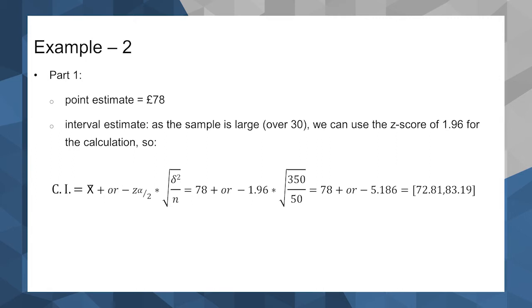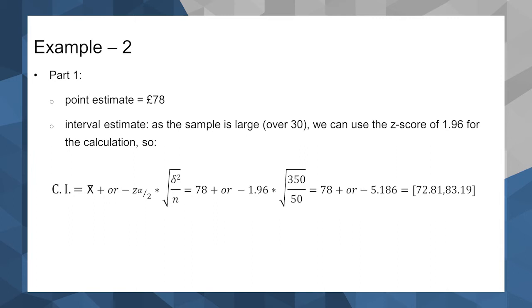If we have a small sample, we need to use the t-distribution, which I briefly introduced to you at the end of topic 3, so have a quick look at that. And if, as is the case here, we've got a large sample, over 30, we can use the z-score. We can use the normal distribution table.